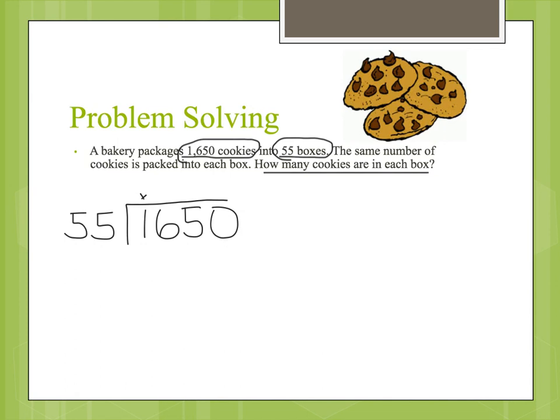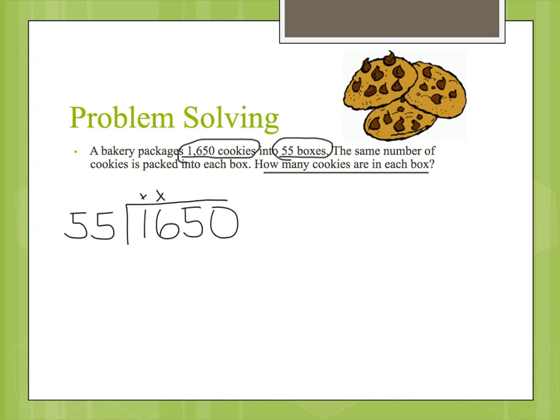Now, can we do 55 into 16, Mrs. LeBach? Sure can't. Nope, too small. Well, I like to keep my columns nice in a neat row. Let's go now over. Can I divide 55 into 165? Absolutely. Tens? Okay, so how many tens are in 55 into 165 tens?